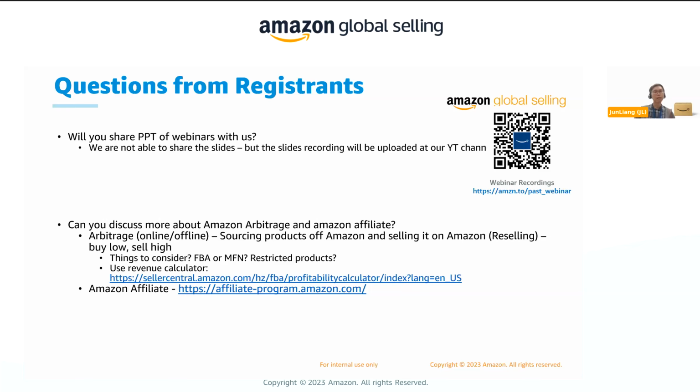And then Amazon affiliate. If I'm not wrong, you might be referring to the affiliate program. I won't be able to comment much on it because I'm not really knowledgeable in this area. But this is something you can check out on the website to see how Amazon affiliate works.